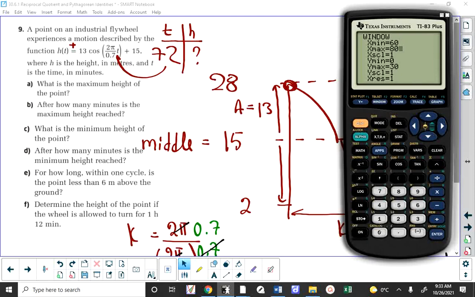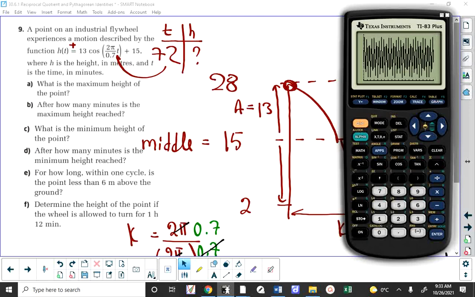And you know what? I suspect even then we won't see anything, right? It's going to be a mess because it's going around once every 0.7 minutes. It's not going to be helpful at all in answering E, but we can answer F now.